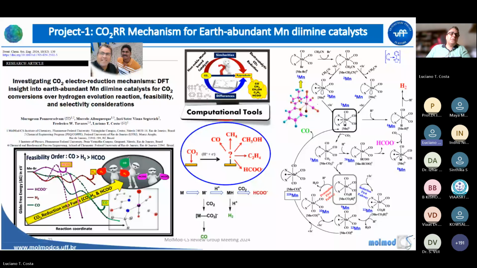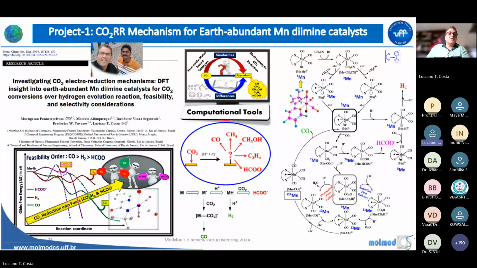Together with Professor Fred from Papa J, he investigated the CO2 electron reduction mechanism using a kind of method, manganese diamine catalysis, which is not a novel method, so it's important to attack this problem without quite expensive metals like gold, platinum or palladium.